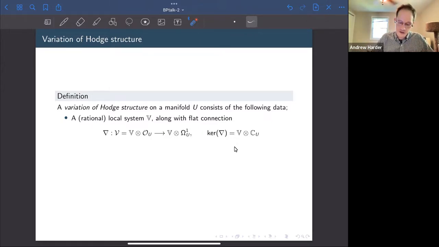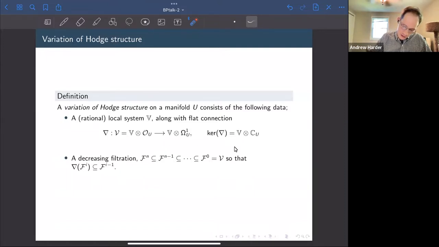A variation of Hodge structure has a local system and a flat connection, the standard flat connection, so that the kernel of this flat connection is our local system tensor with C. In addition, we want a filtration on the tensor product of this local system with O of U, which satisfies Griffiths transversality.